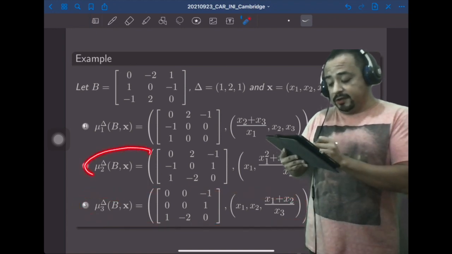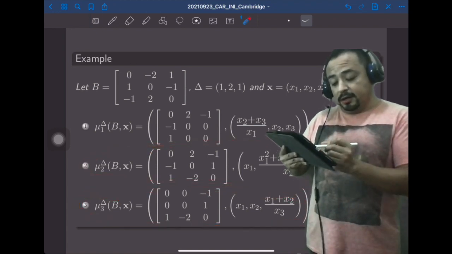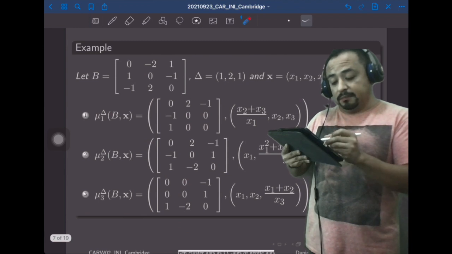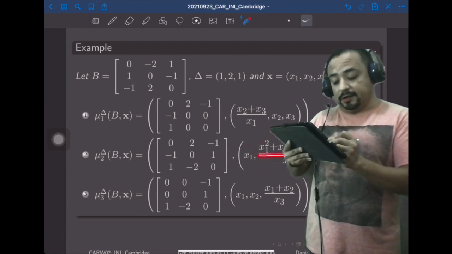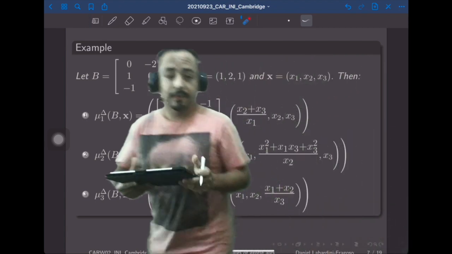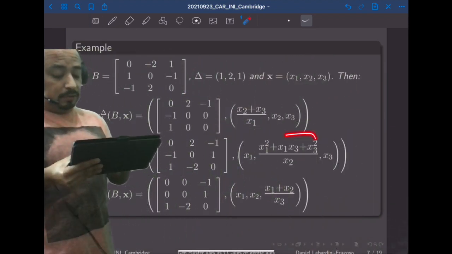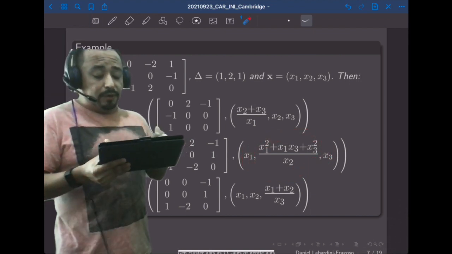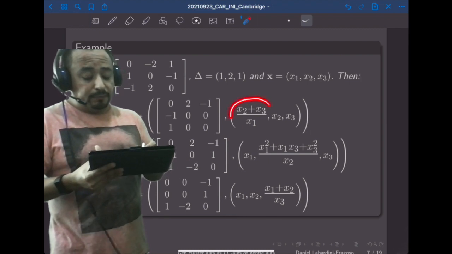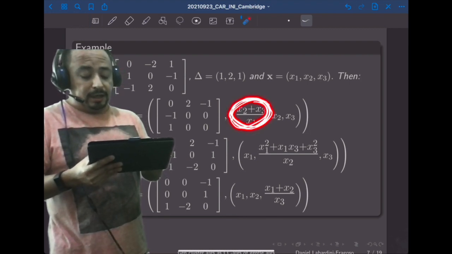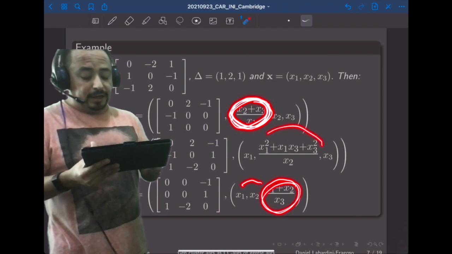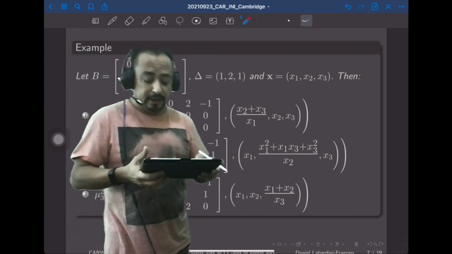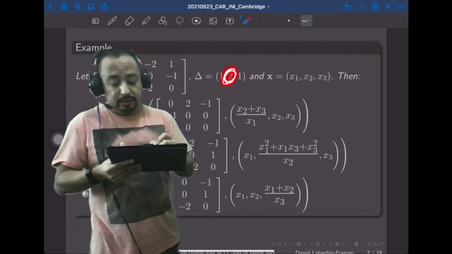But for this one, you see this new cluster variable becomes this trinomial divided by x2, right? So you get something different. What I want to stress here is that sometimes it may look like an ordinary mutation in a cluster algebra, and sometimes not. It's not that it always looks different. It really depends on the integer you have there.